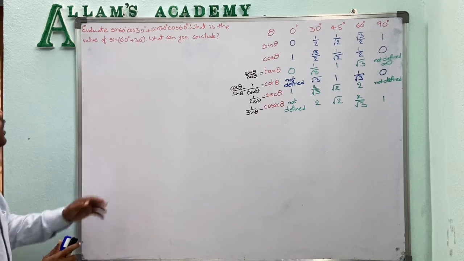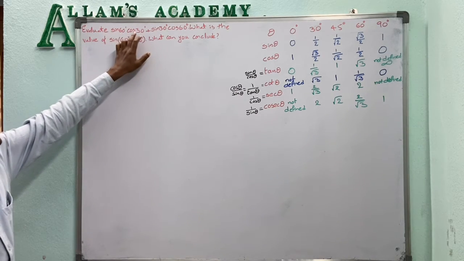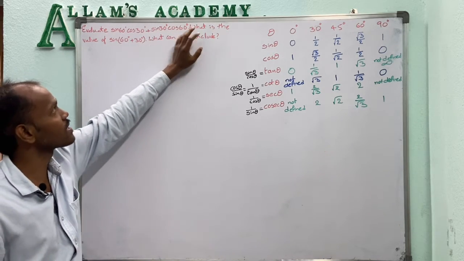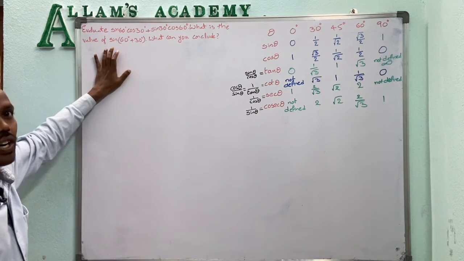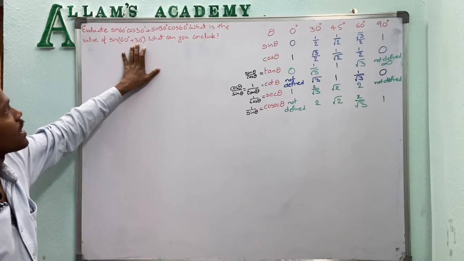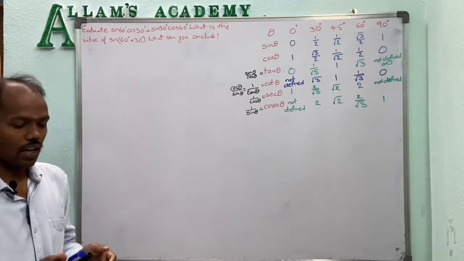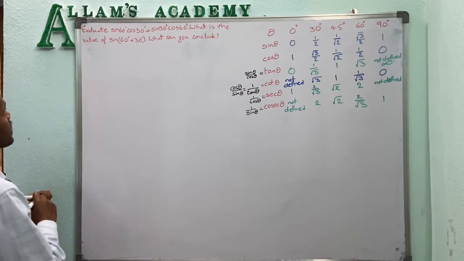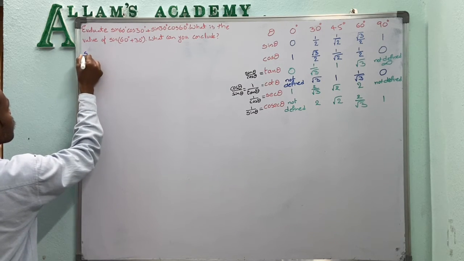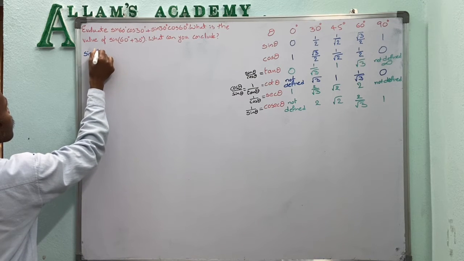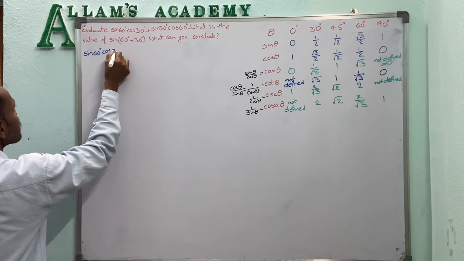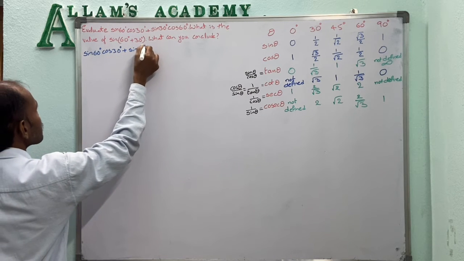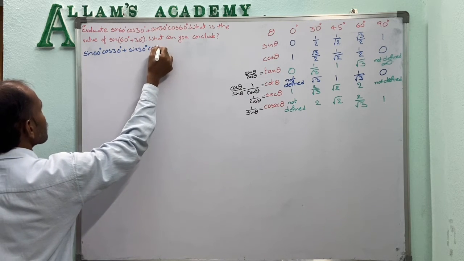And the next problem, evaluate sin 60 degrees cos 30 degrees plus sin 30 degrees cos 60 degrees. What is the value of sin of 60 plus 30 degrees? What can you conclude? So we take sin 60 cos 30 degrees plus sin 30 degrees cos 60 degrees.